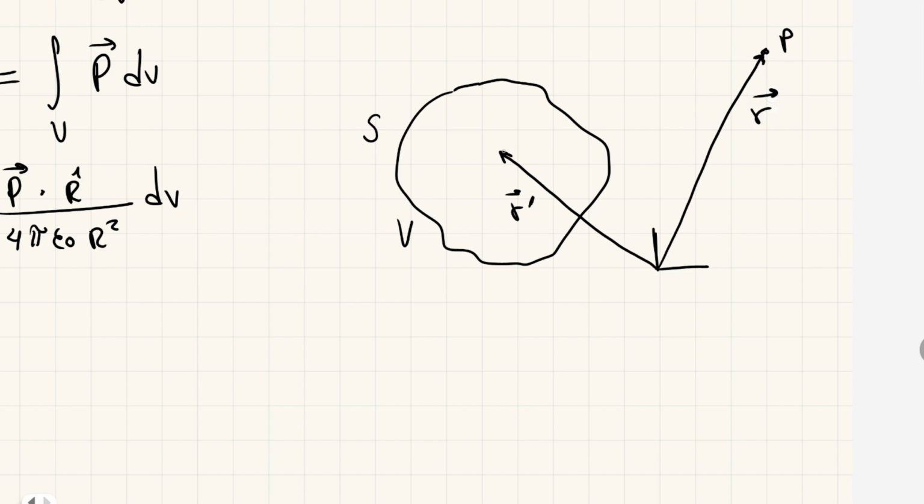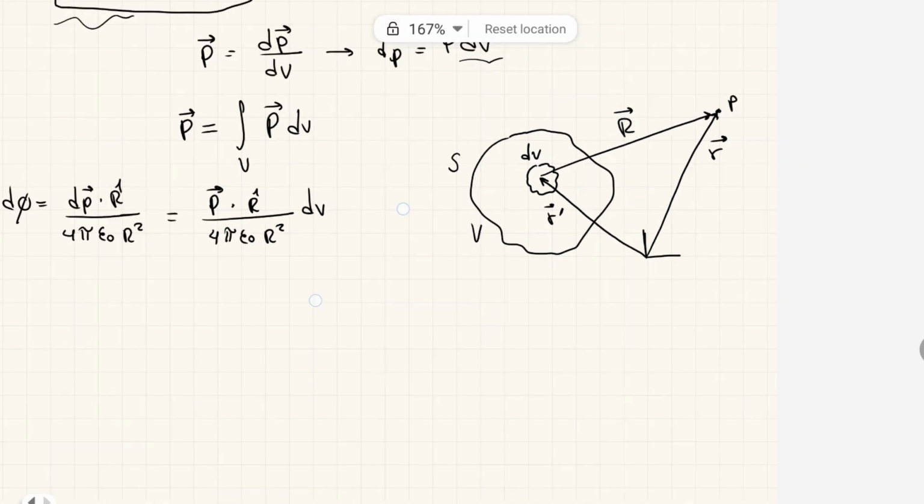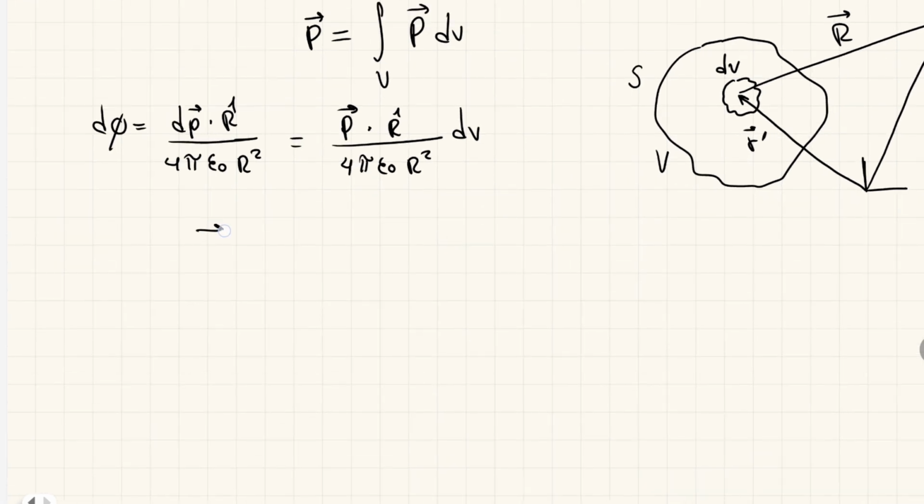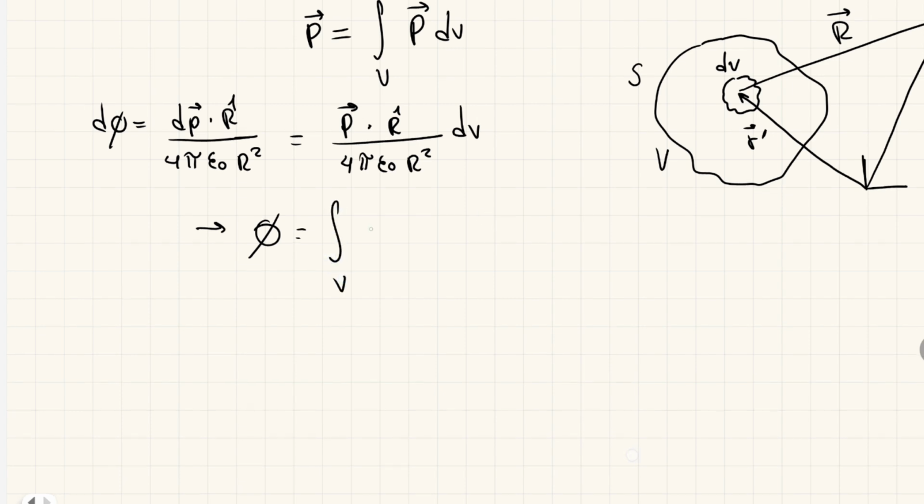Remember that the vector r is the one that goes from the distribution to the point where we want to measure the electric potential. So this will be r. And here we can locate a differential of volume, which is the one that we have in this expression. So we see here that to calculate the electric potential, we need to take the integral over that volume of the polarization dot r divided by 4 pi epsilon 0 r squared dV.